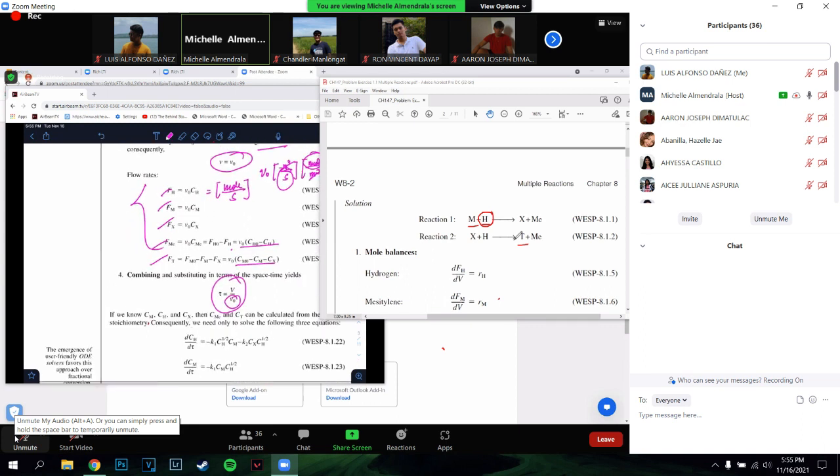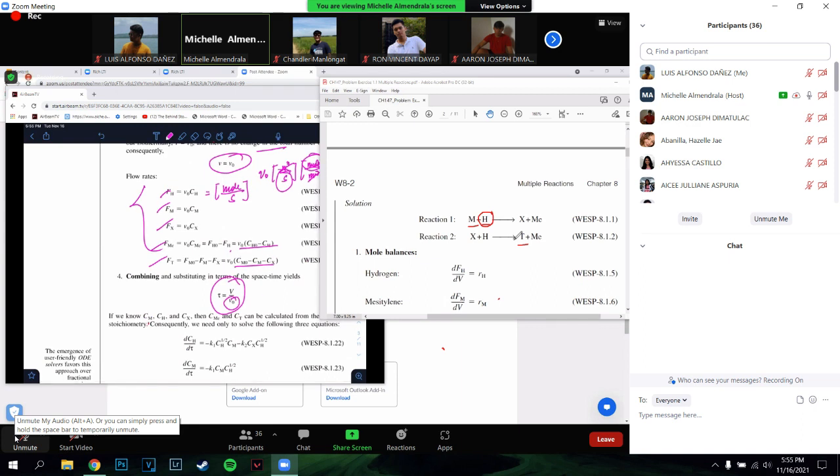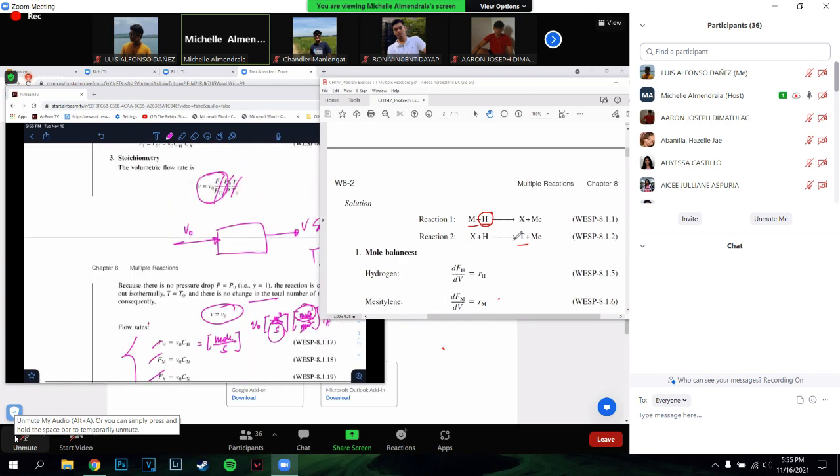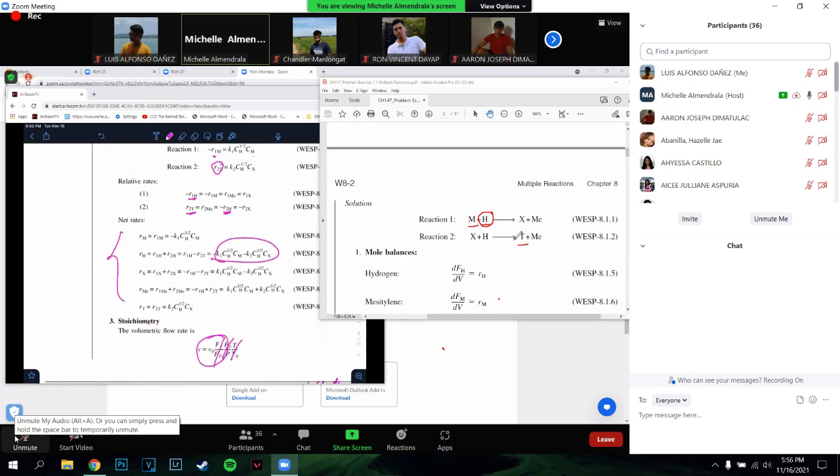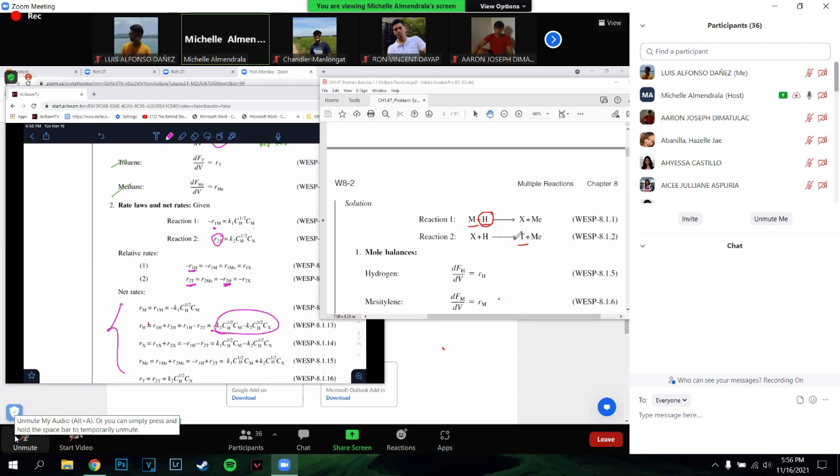So tau, and defining dV over d tau is V over V sub O. So you now know how to get tau. dCH over d tau, d time, is rate. So dCH over d tau is simply the same expression as that.